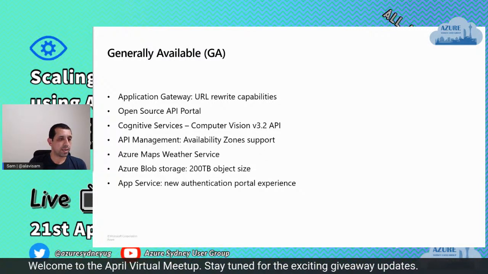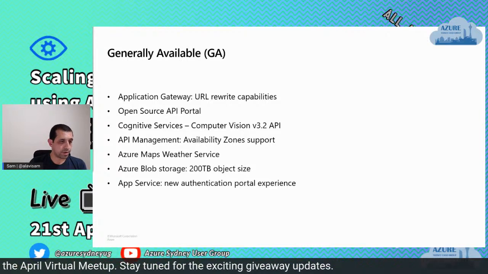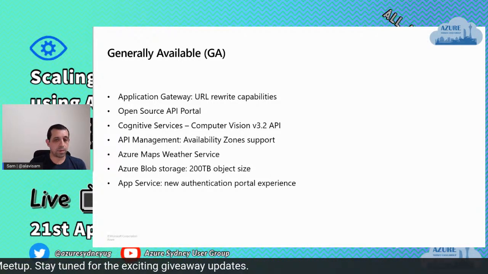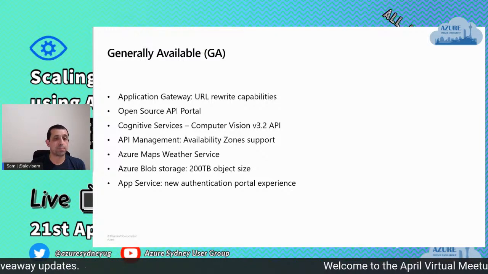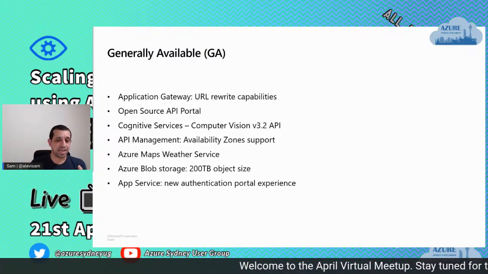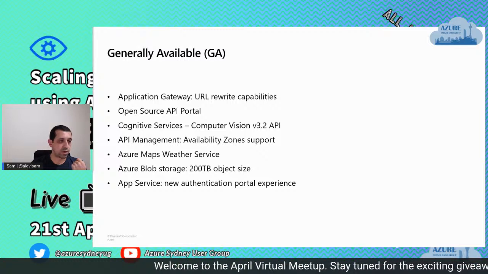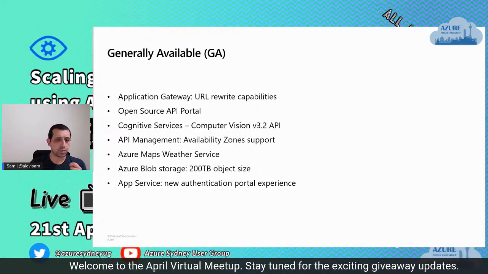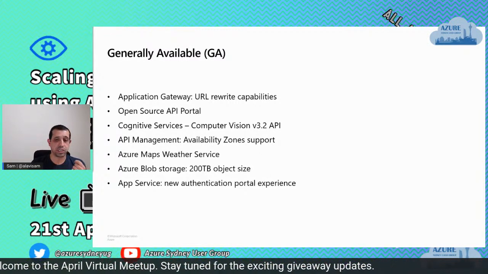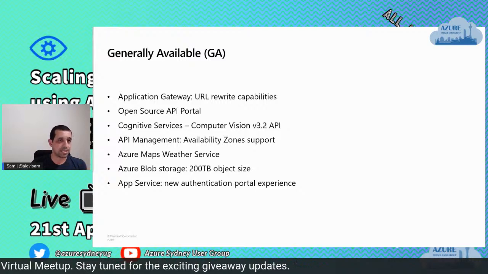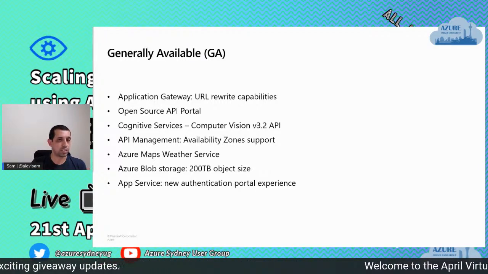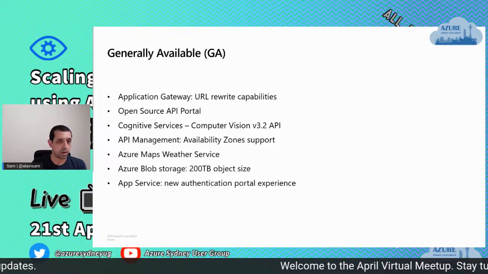Another feature is around Azure Storage. Azure Blob Storage now supports up to 200 terabyte object size. That means we can utilize Azure Blob Storage and Azure Data Lake Storage Gen 2 for workloads that require larger file sizes without breaking those larger files into separate blobs.